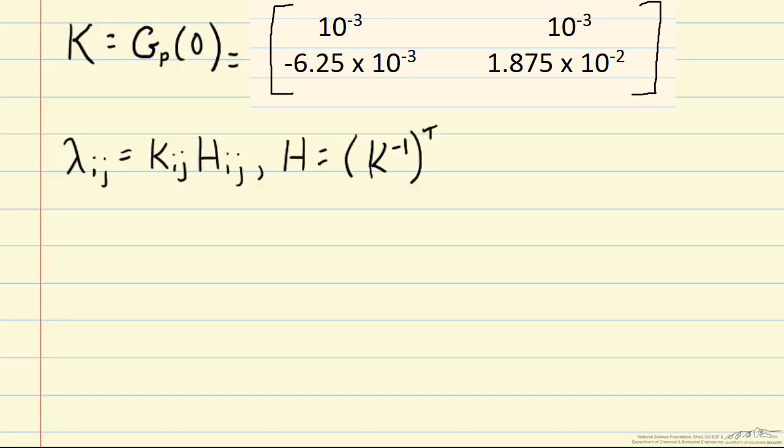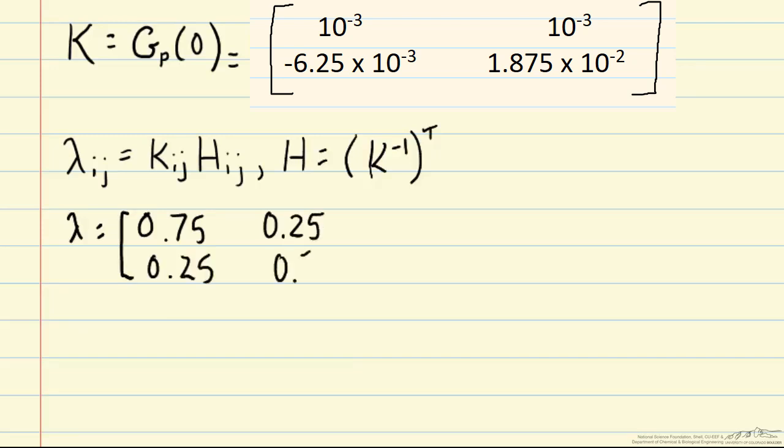So if we go ahead and calculate H and then lambda, we will get the relative gain array, which in this particular case is 0.75, 0.25, 0.25, 0.75.